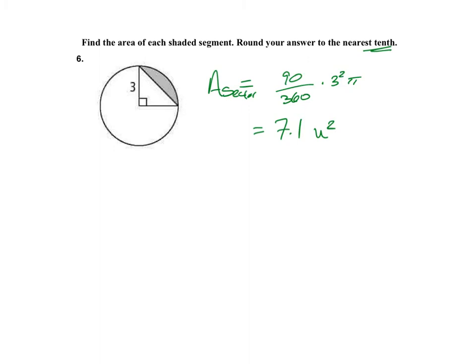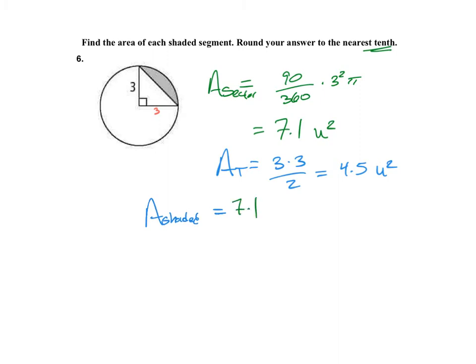Now I need to find the area of the triangle, right? Because this is 3, I know that this is also 3, so a right triangle, the area is 3 times 3 divided by 2. So that means that this is 4.5 units squared, right? Remember that it is 1/2 of the height times the base. So now my area of the shaded region equals 7.1.